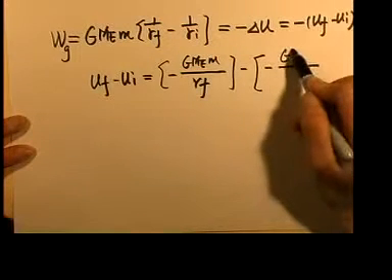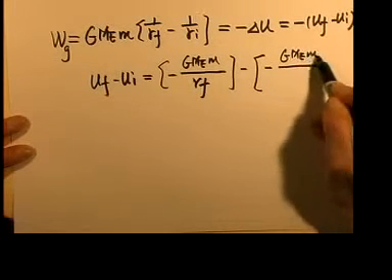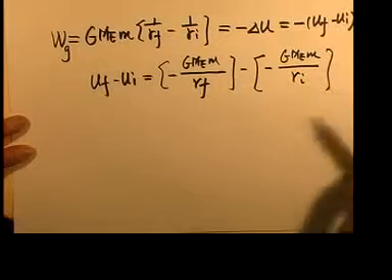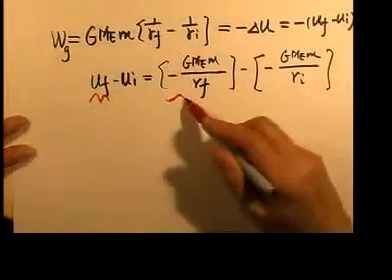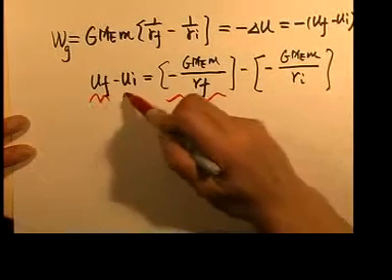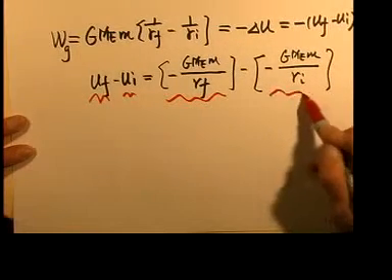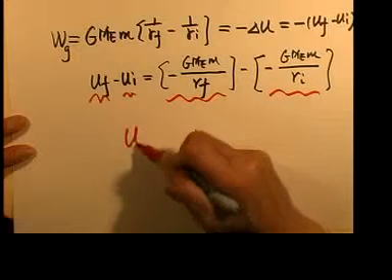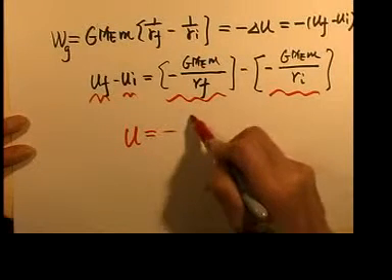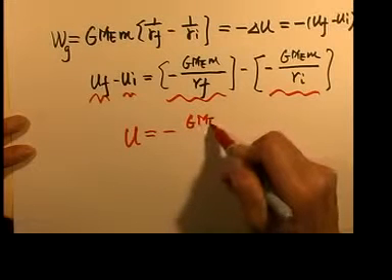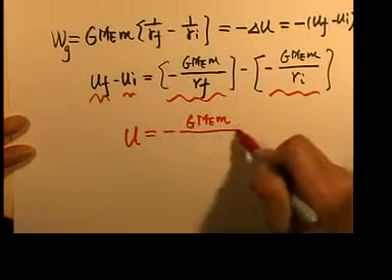That is G M_e m over r initial. What does that tell us? That tells us that final potential has this expression, initial potential has this expression. So gravitational potential energy has the expression negative G M_e m over r.